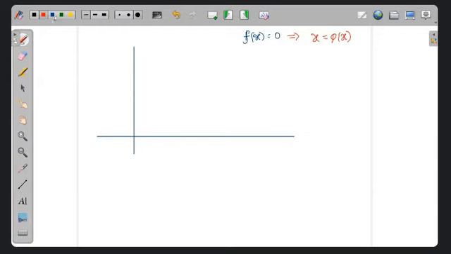Now I hope you can draw the graph of y equal to x. And similarly, you may have the function phi of x. Let me take it like this.